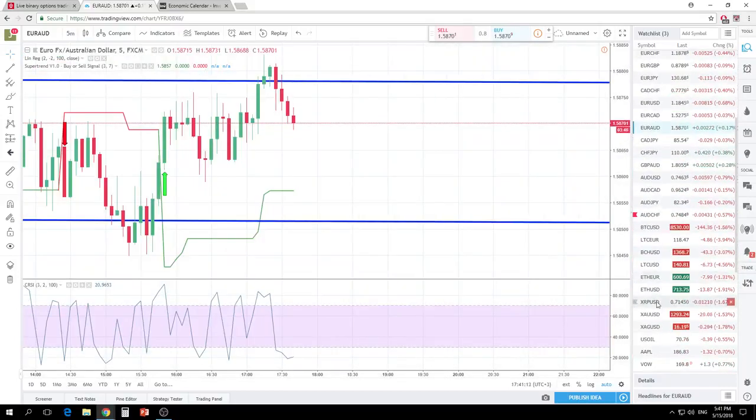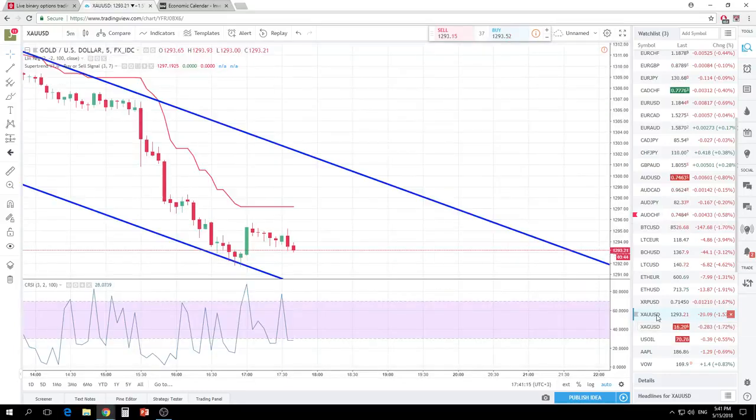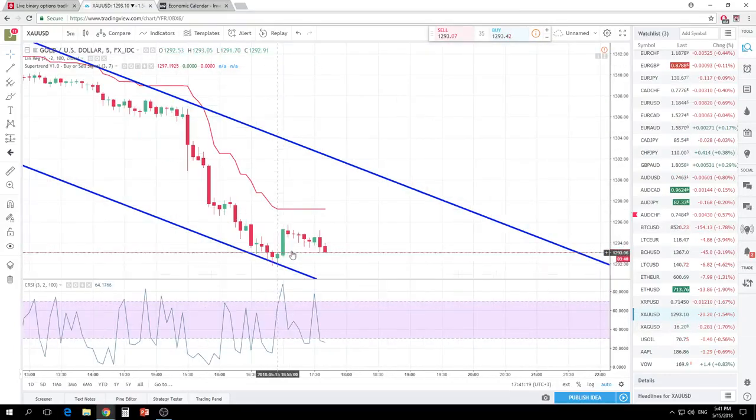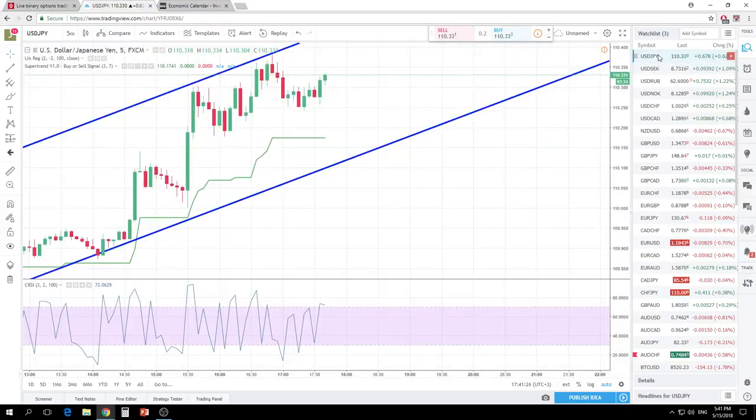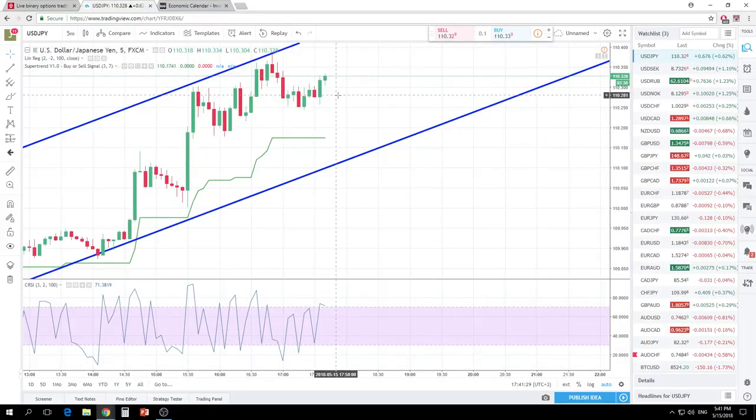Let's see what's happening to gold meanwhile. You can see that it is slowly recovering from the decrease. USD is retreating as well.